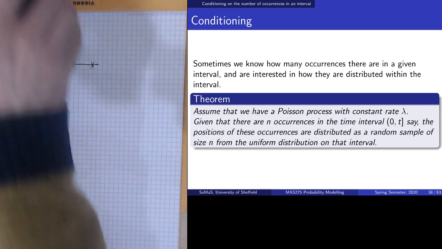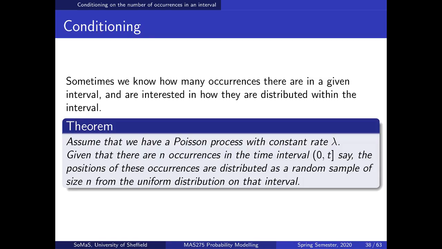Then the theorem says that, in fact, these 4 crosses I've put on my interval have the same distribution as if I had taken 4 independent uniform variables on my interval [0,t] and plotted the 4 on my little graph here. Conditionally on having n occurrences on the interval [0,t], the positions of these n occurrences are distributed like a sample of n uniform distributions, which is very nice.